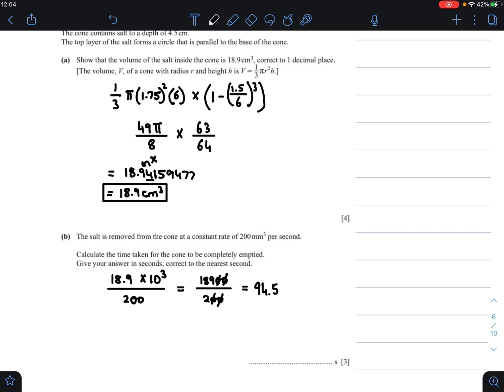Now they've asked us to give our answer correct to the nearest second, so we will round it up to 95 seconds, because the decimal place is greater than or equal to 5, so we'll round off the whole number to the next number. Therefore 95 seconds will be your final answer for part B2B.